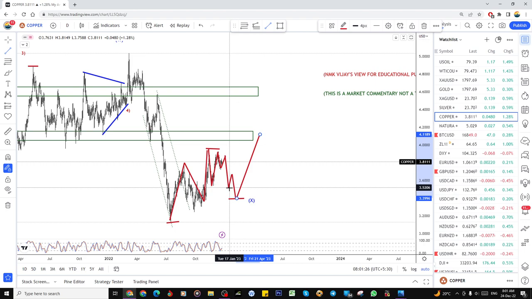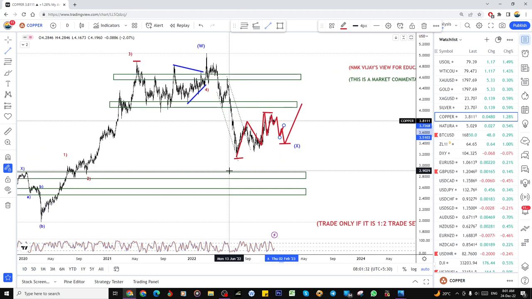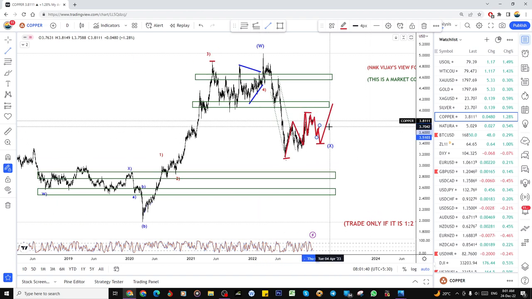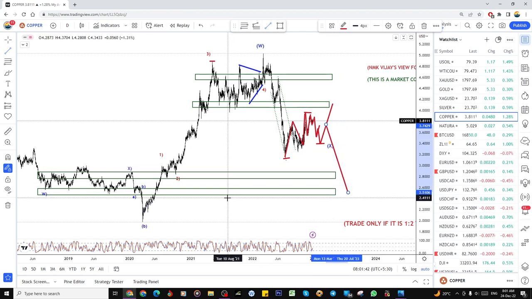So whether it is going to do like this, either you need to look for the short or buying. We need to look for the short, because it has already done the 3-wave structure, but our target is going to be here, either this one or this one.